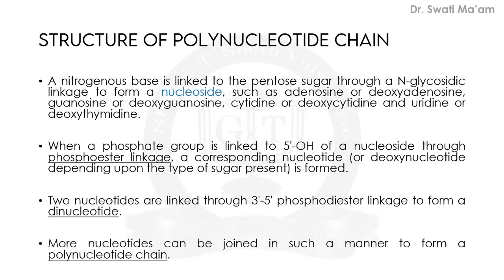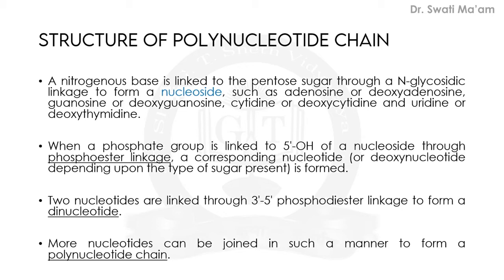Dear students, in the last session we started the structure of the polynucleotide chain. We understood how a nucleoside is formed, and then when a phosphate group is added to the nucleoside, how a nucleotide is formed.